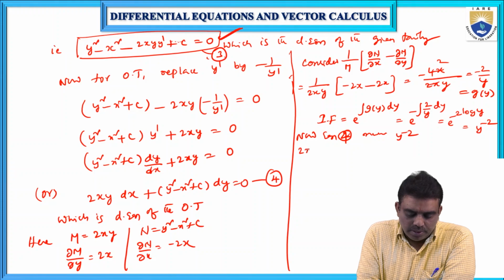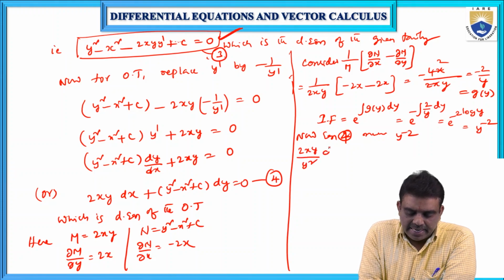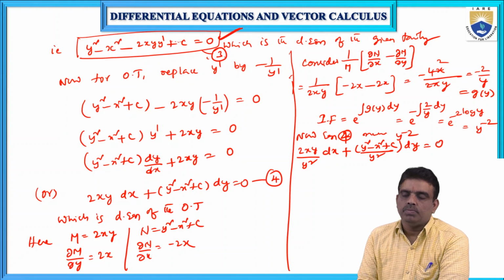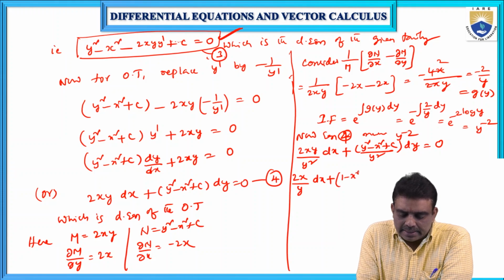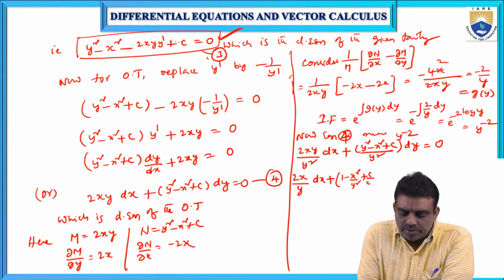Then what will we get? 2xy by y square dx plus (y square minus x square plus c) by y square dy is equal to 0. Or 2x by y dx plus (1 minus x square by y square plus c by y square) dy is equal to 0.